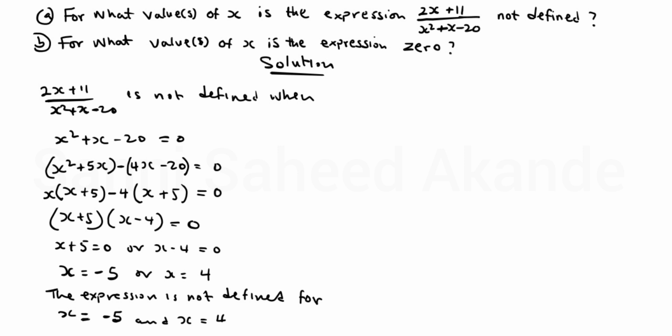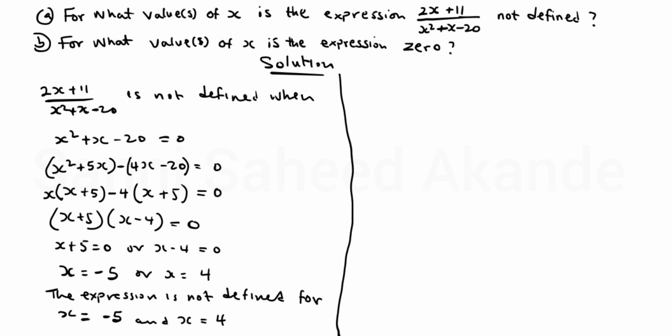Okay, the second question says, for what values of x is the expression 0? Now a fraction is 0 when its numerator is 0. For example, 0 divided by anything will give you what? 0. So we can only get this expression given to us to be equal to 0 if the numerator is equal to 0.